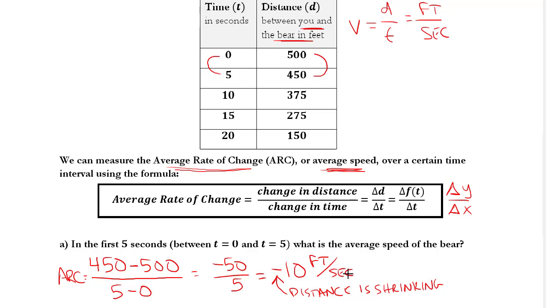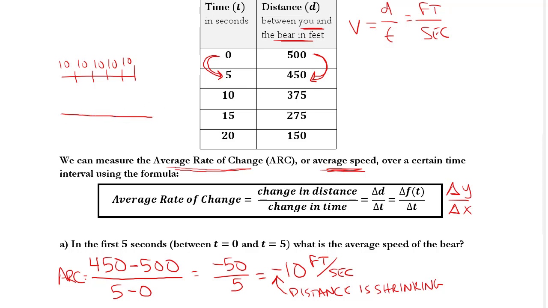Now, does that mean that every second he's running at you 10 feet every second? So if we say second number 1, 10 feet, second number 2, 10 feet, second number 3, is that what this is saying? No, this is not saying that. This is just saying if you saw the bear and you closed your eyes and you opened your eyes 5 seconds later, that bear had moved 50 feet.